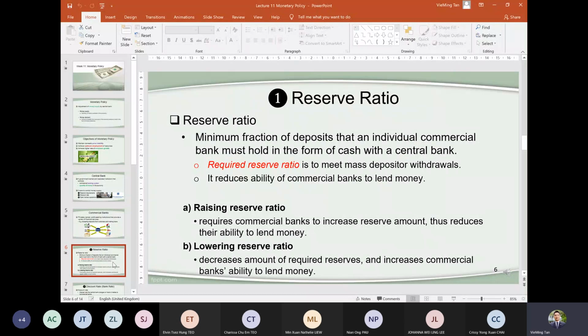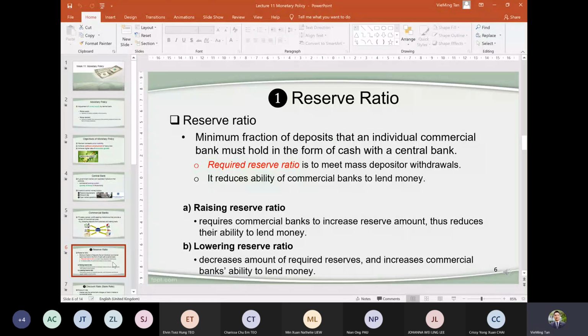If that is the case, the commercial bank can use the reserve fund from the central bank in order to meet the uncertain mass depositor withdrawals. This is the main reason why reserve ratio is required for each commercial bank. This can avoid a bank run. Bank run means the bank cannot afford to pay the amount of money required by the depositors.